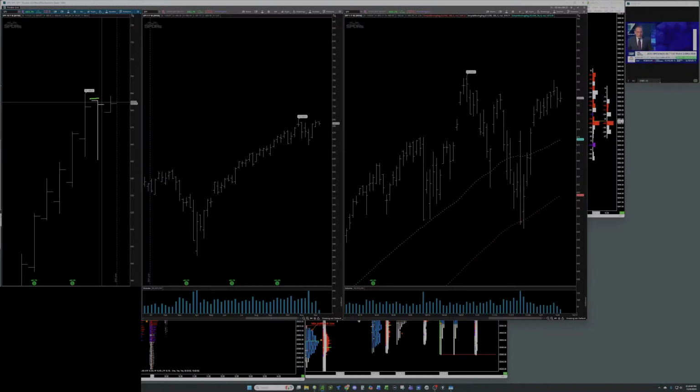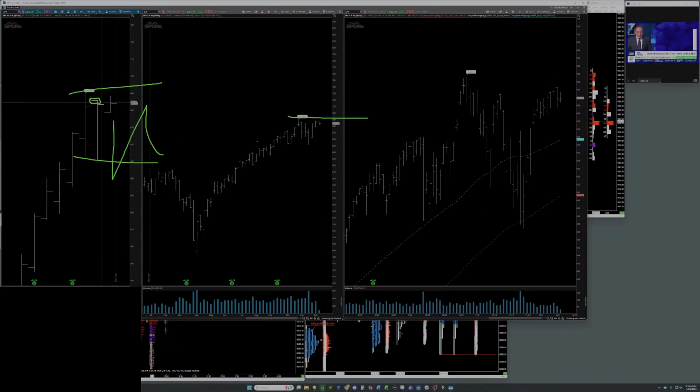Oh. So there's no more downside in a bigger time frame here. Okay. So we have good odds maybe here that the market is going to form a range here.